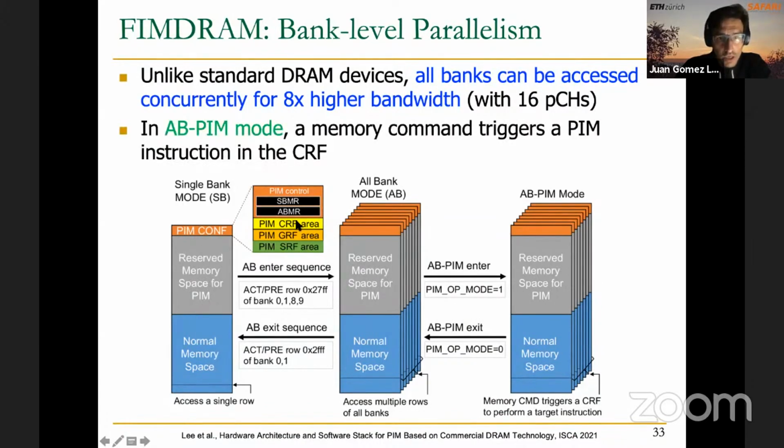And as you can see on the figure, there are 3 different operation modes. The first operation mode is the default one, conventional DRAM operation. There is a sequence of activate and pre-charge commands that the memory controller can issue to the HBM stack in order to move from the single bank mode to the all bank mode that allows access to multiple rows in all banks.